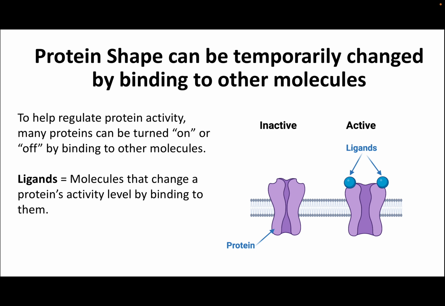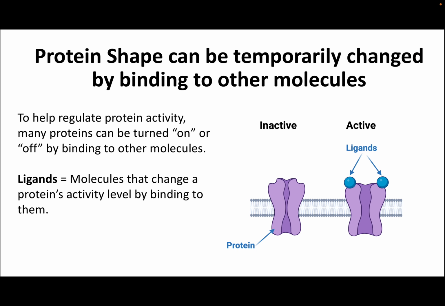It's beneficial to be able to say, okay, I want you to do work now, and now I'm good, I don't need the function that you fulfill. And so one way that we can turn these proteins on and off is by having their shape change to a small temporary degree by binding to other substances that are called ligands.